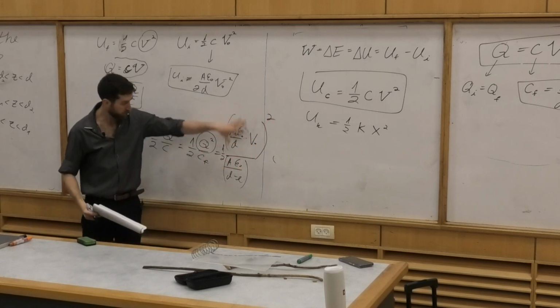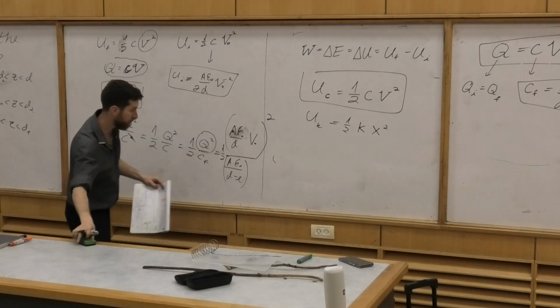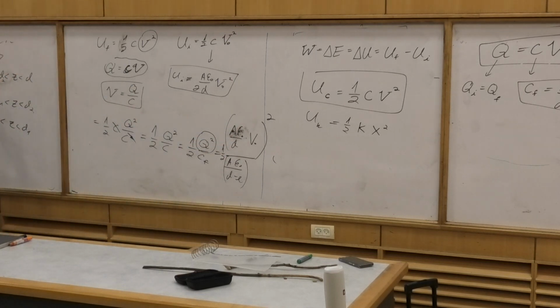So this is the term. We're going to rearrange it and clean everything up, and we get U final equal to V squared A epsilon node over 2D, times 1 minus L over D.